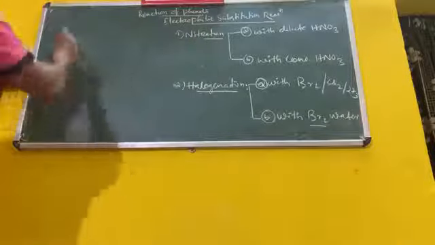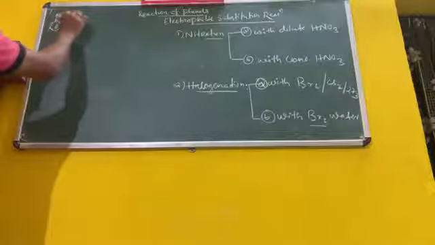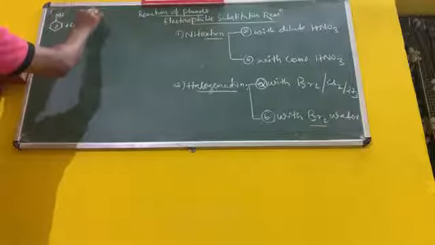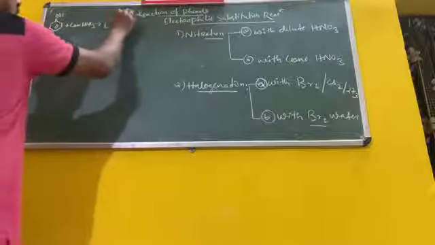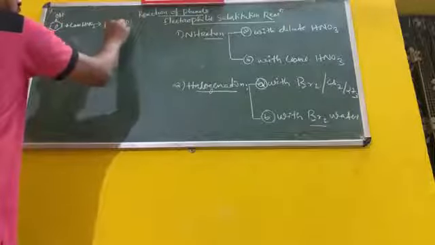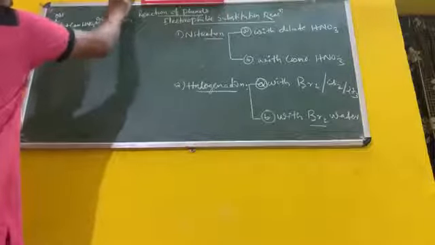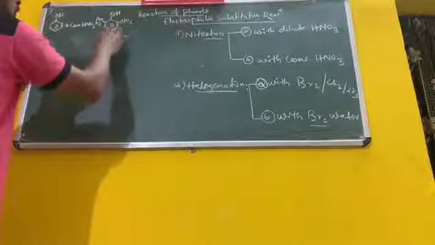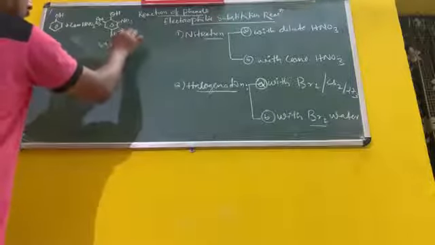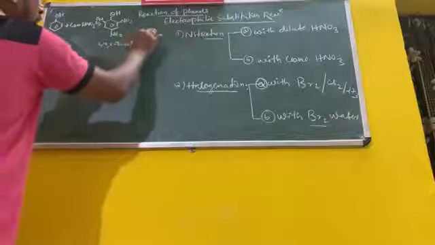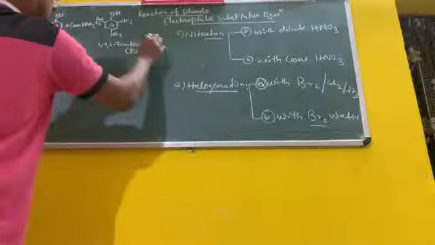So what happens with concentrated nitric acid? Phenol, OH, with concentrated HNO3 forms 2,4,6-trinitrophenol, which is also known as picric acid.